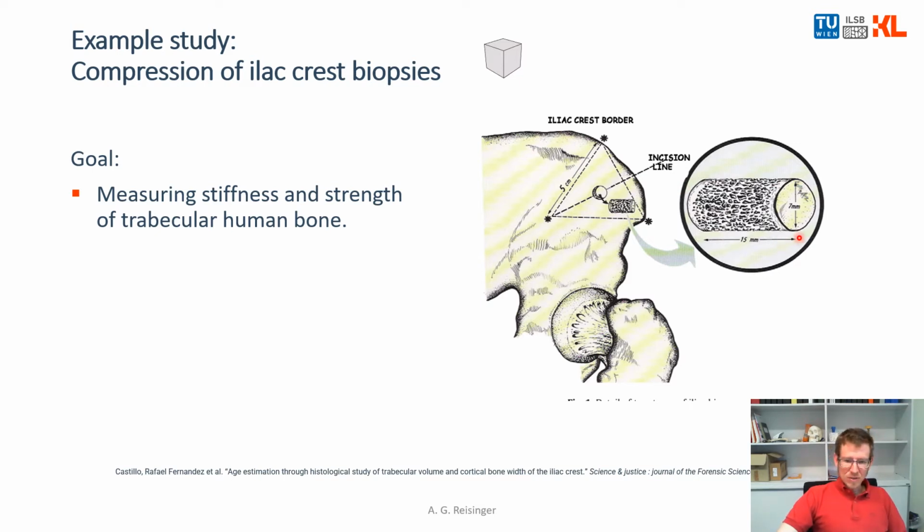I don't know if it was a living patient here or if it was donor specimens, but in the end they had many samples like this. So they had cylinders with a certain diameter and a certain length. And now the goal was to measure the stiffness and strength of that bone. How was this done?